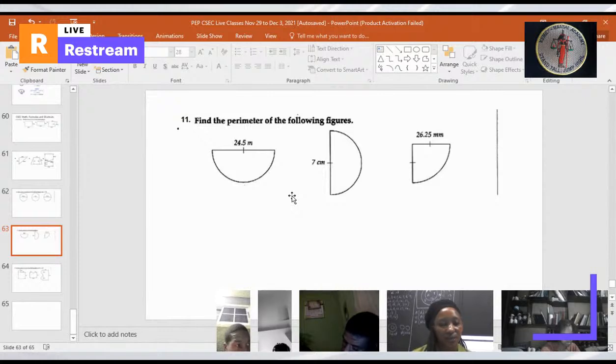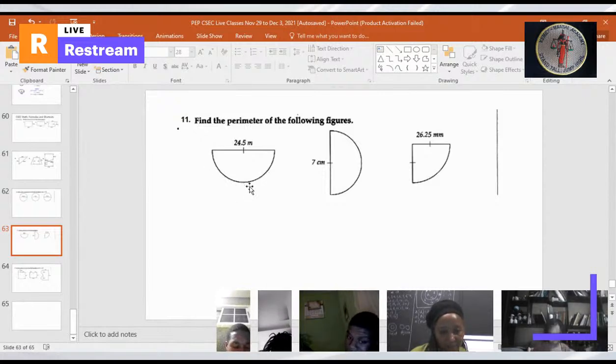So listen now. Halfway. Look at the shape. It's a semicircle, right? We agree? Yes, Miss. Half of a circle. Okay. So if we use the same formula and find the circumference, we'd have to divide that by 2 to get here, because this is half of the circumference.